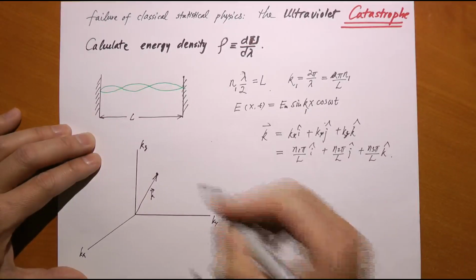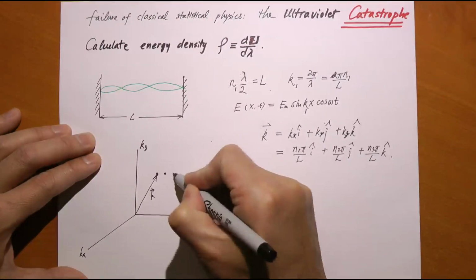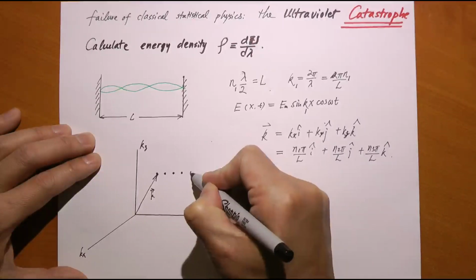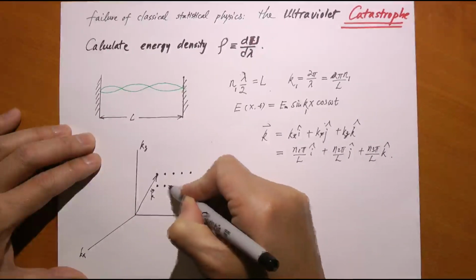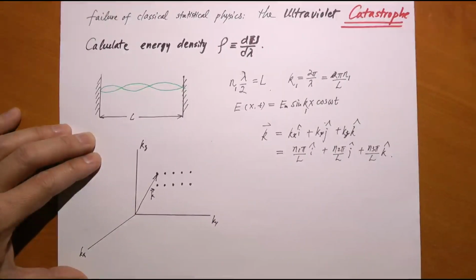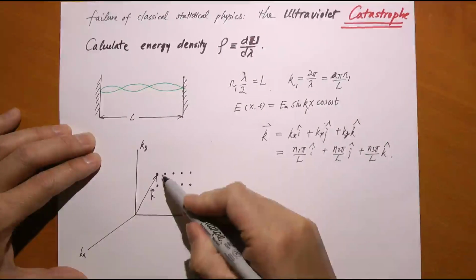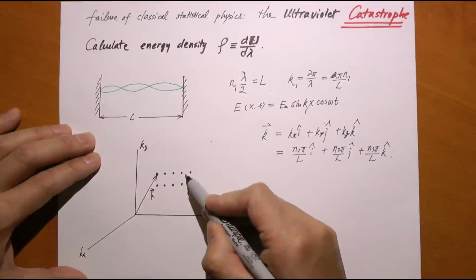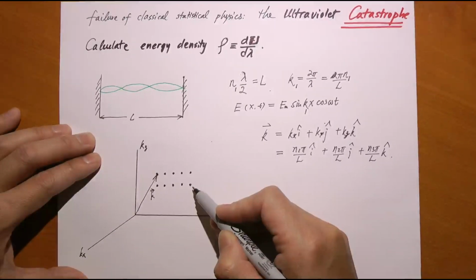It must be at a certain number of discrete locations, right? Discrete locations, because n1, n2, n3 are only integers. They cannot be just any number. So the tip of this k vector must fall at one of those dots.